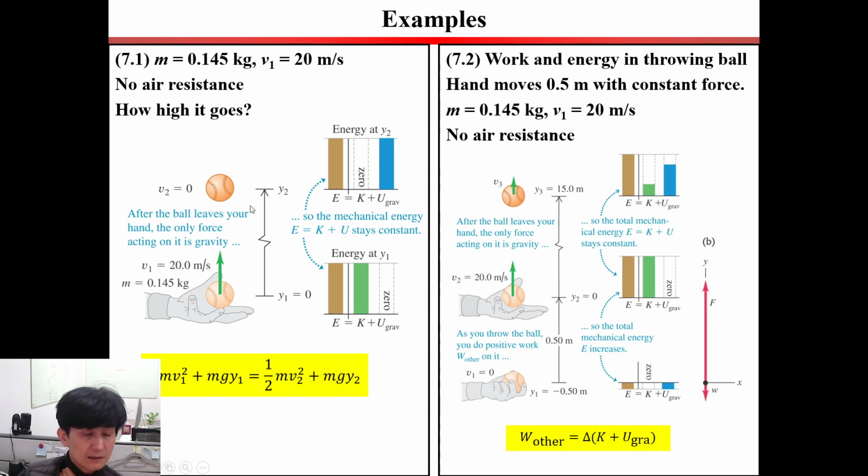At the bottom position, V1 is equal to 20 meters per second, and as we define y1 as the 0 point, we have 0 potential energy. So we have the kinetic energy at the bottom equal to the potential energy at the top.